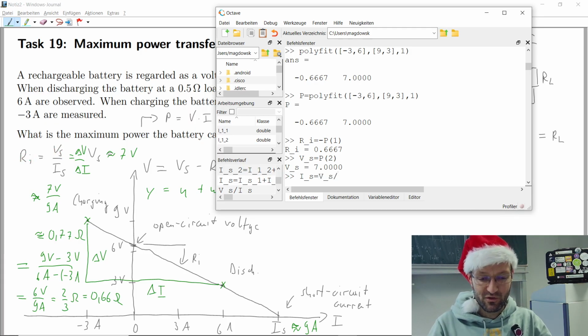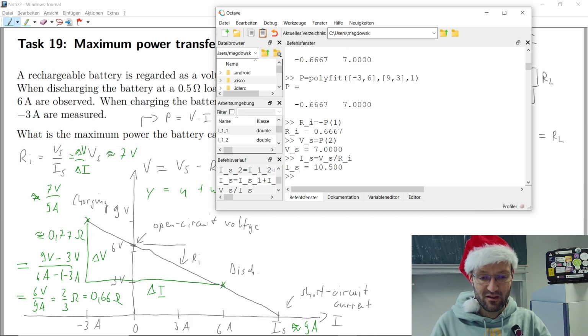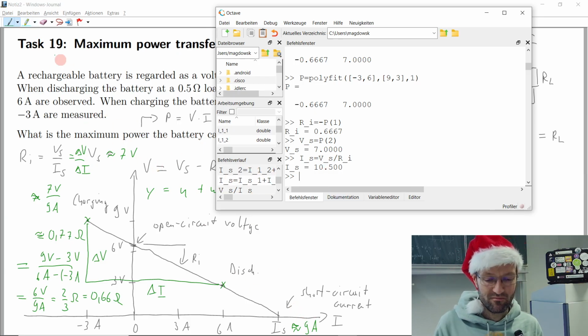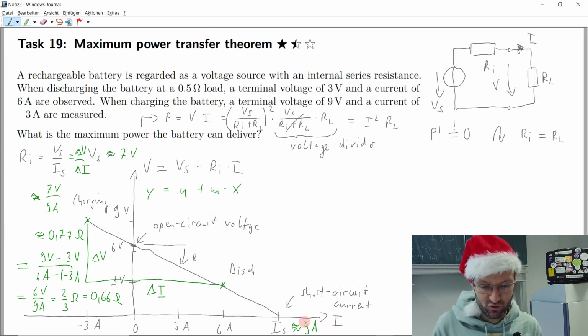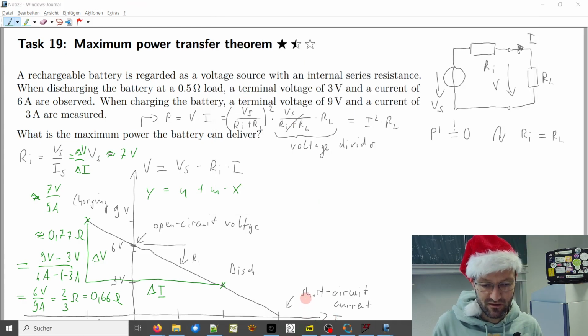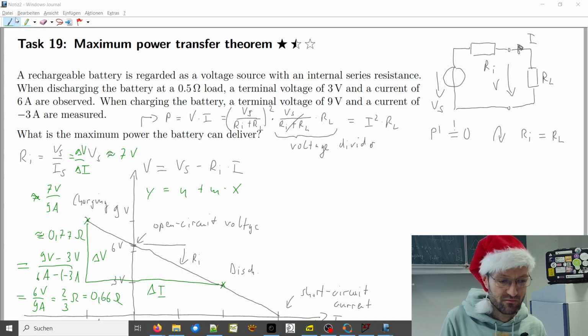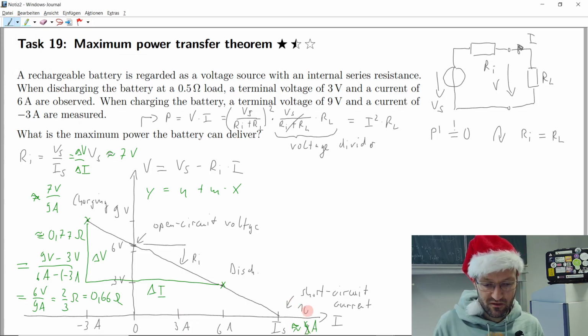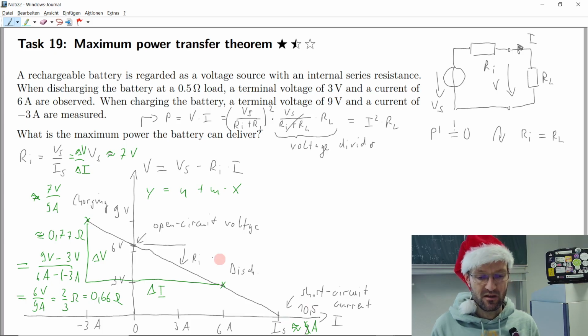So source voltage divided by inner resistance, and then we get, okay, this point, as we can see, my schematic I think is not that bad. It's not at 9, it's more at 10.5. So maybe I will correct this here, go away my taskbar. This is not 9, this is more 10.5 ampere.